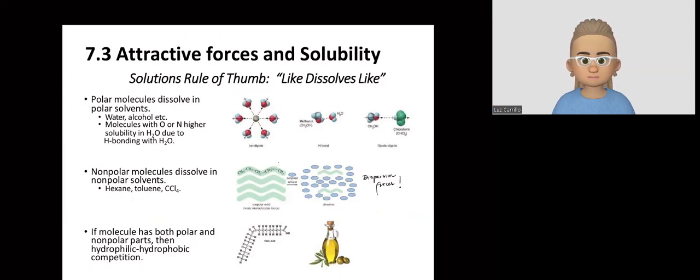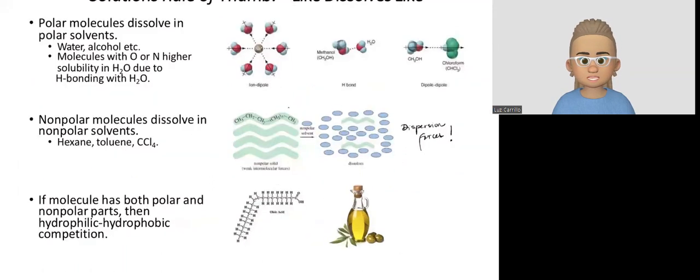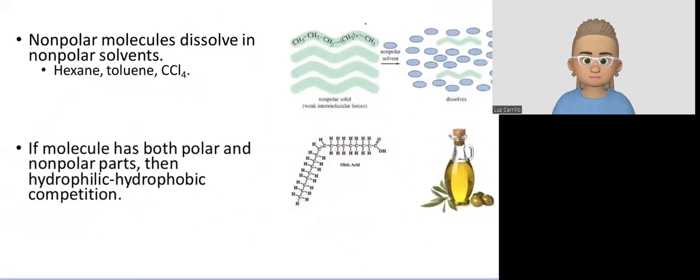That comes from the idea that dispersion forces are the strongest attractive force present in the molecule. Now, in chemistry, we also have some molecules that have that duality of having polar portions and nonpolar portions. If a molecule has both polar and nonpolar parts, then there's going to be hydrophilic and hydrophobic competition in the molecule. What does this mean?